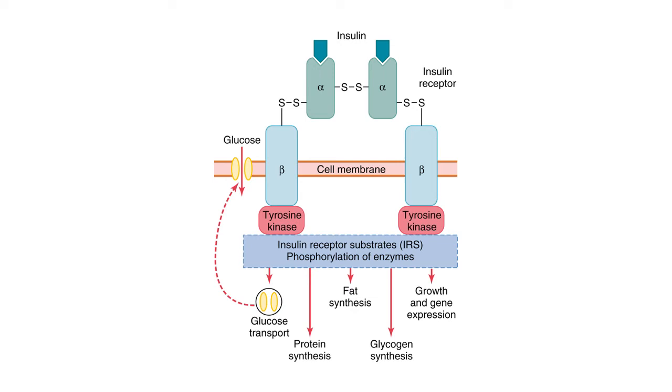If the enzyme involved is a key enzyme in glycogen synthesis, then that is how insulin facilitates glycogen synthesis or glycogenesis. If the enzyme involved is important for growth of the cell or of the tissue type, then that is how insulin causes growth and gene expression.